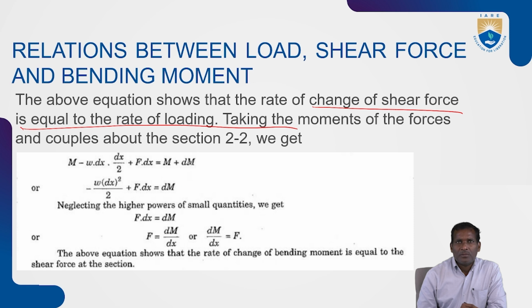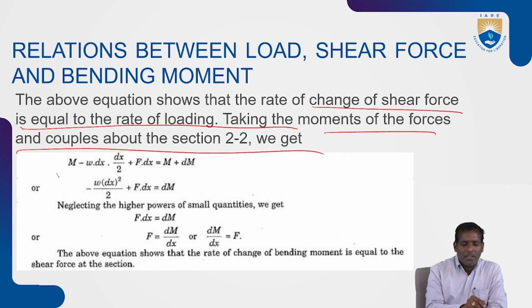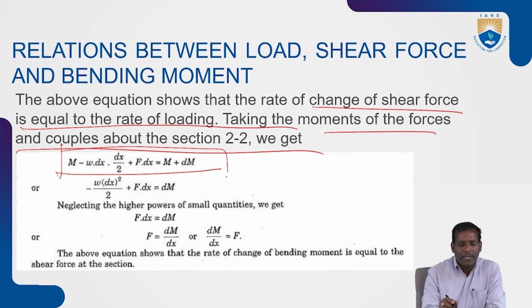So now coming to the bending moment, taking the moments of the forces and couples about the section 2, we get M minus W dx into dx by 2 plus F dx is equal to M plus dM.